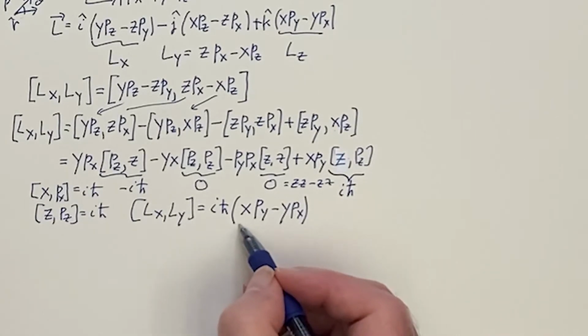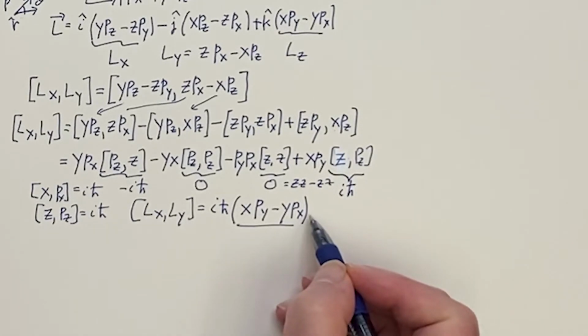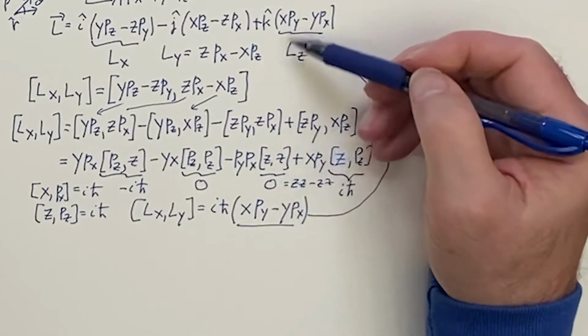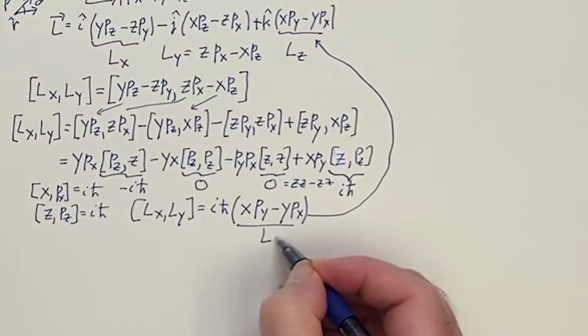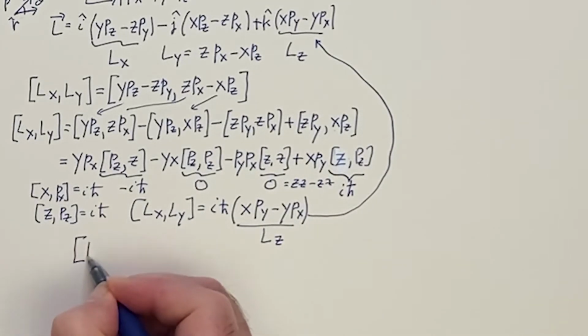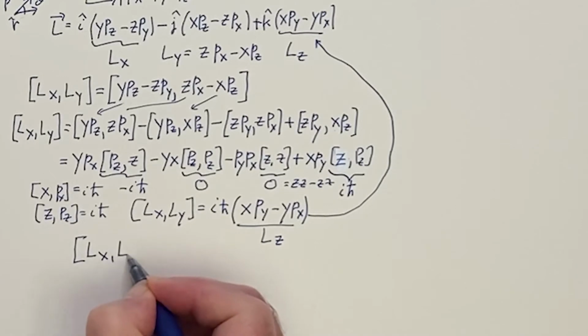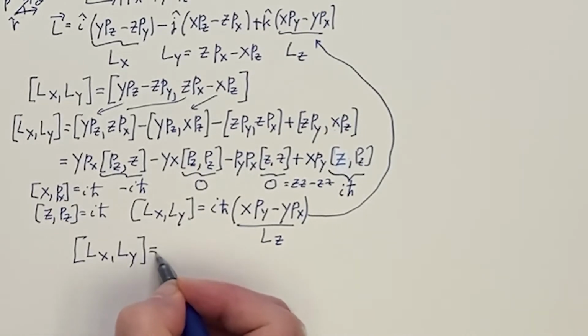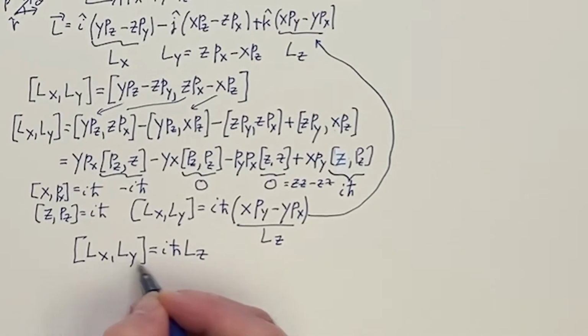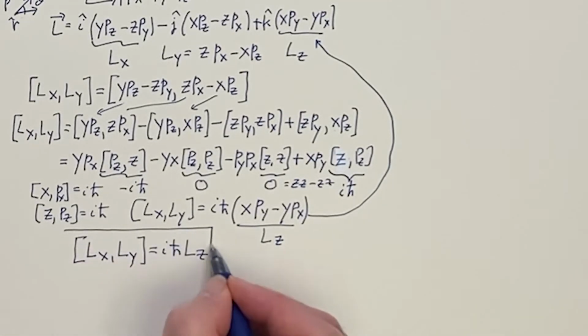But if you look at this thing and compare it with here, you can see that this says the Lz. So we have a very profound discovery here, that there is this cyclic relationship x, y, z with the angular momentum.